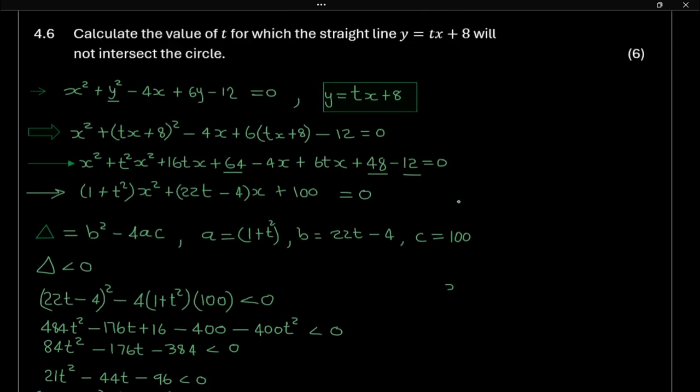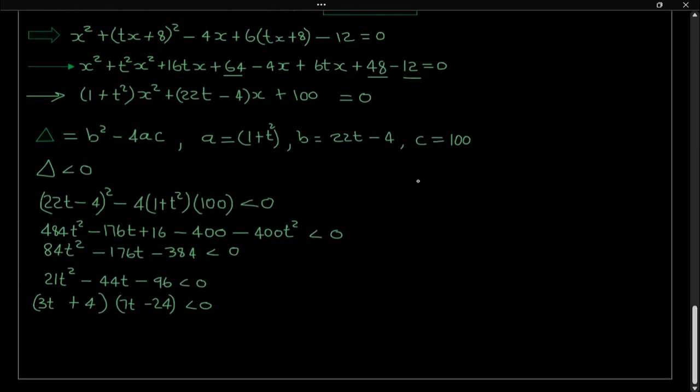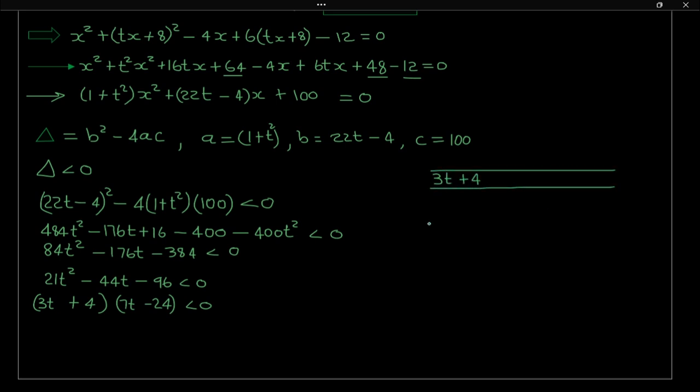So now we need to find the inequality which satisfies this. We're looking for a value less than 0, so it's (3t plus 4) and (7t minus 24), and we take the product of them. So those are the factors, and then we need to know which one satisfies.